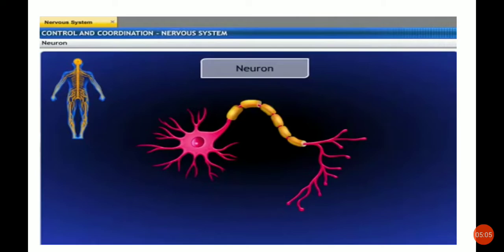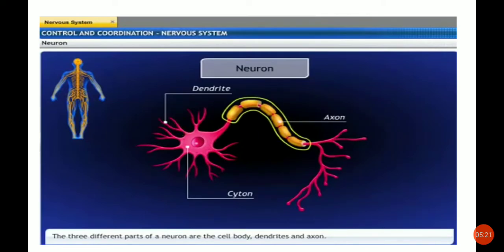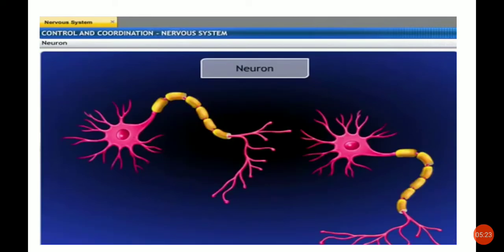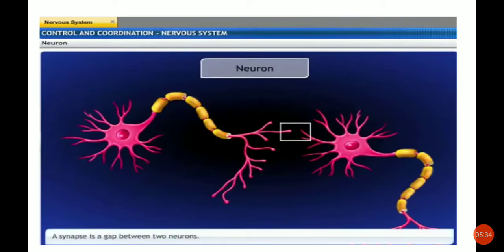Each neuron consists of three parts, namely the cell body or cyton, branched projections called dendrites, and the long process from the cell body called the axon. The axon terminals of each neuron are placed near the dendrites of another neuron. This gap between the two neurons is called a synapse.